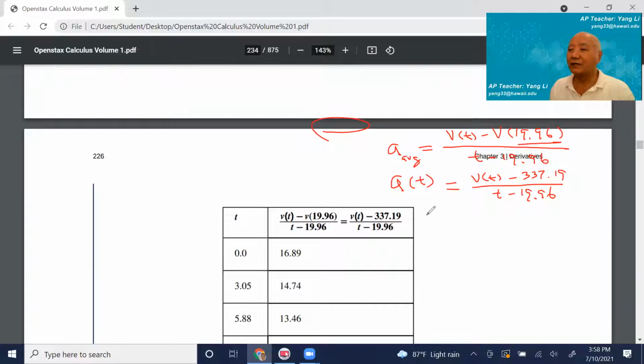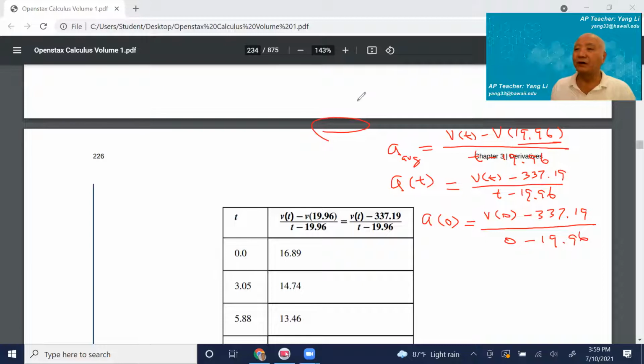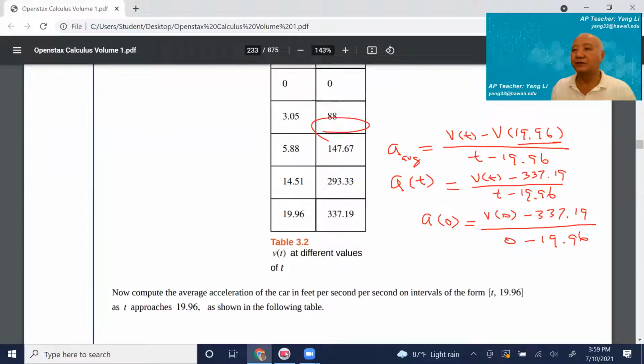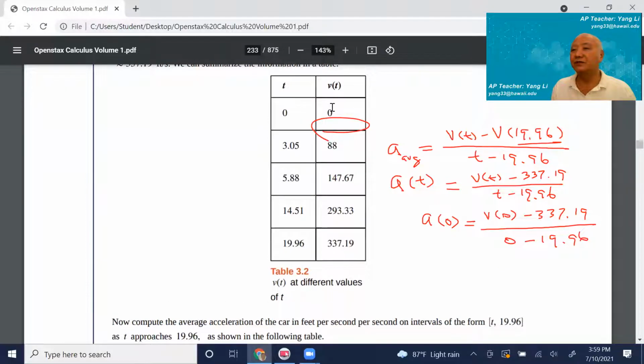So how do you find the acceleration at 0? You need V(0) minus 337.19, divided by 0 minus 19.96. But V(0), from the table, is 0.